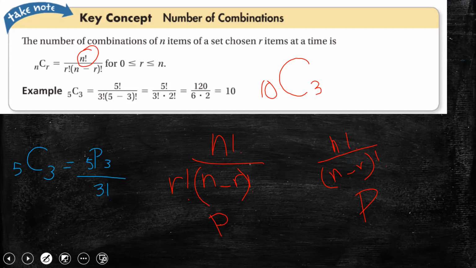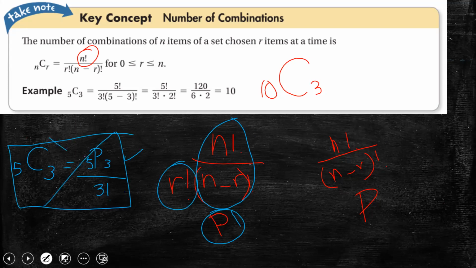This is not very important, just extra information. I just want you to know that the permutation is n factorial over n minus r factorial, but the combination is n factorial over n minus r factorial times r factorial.